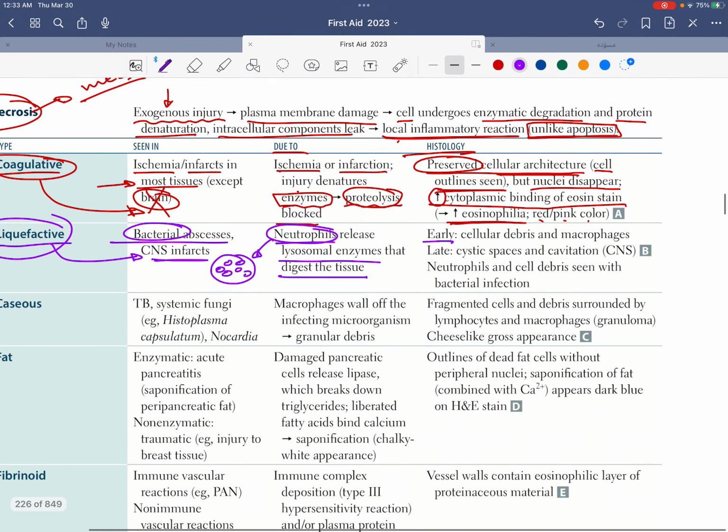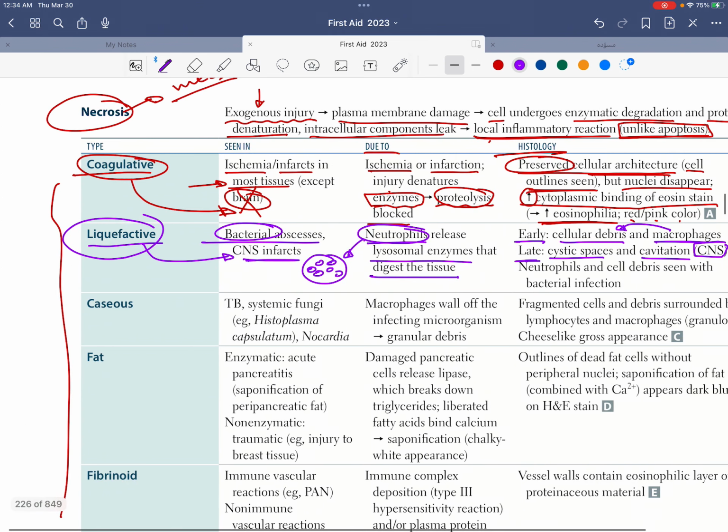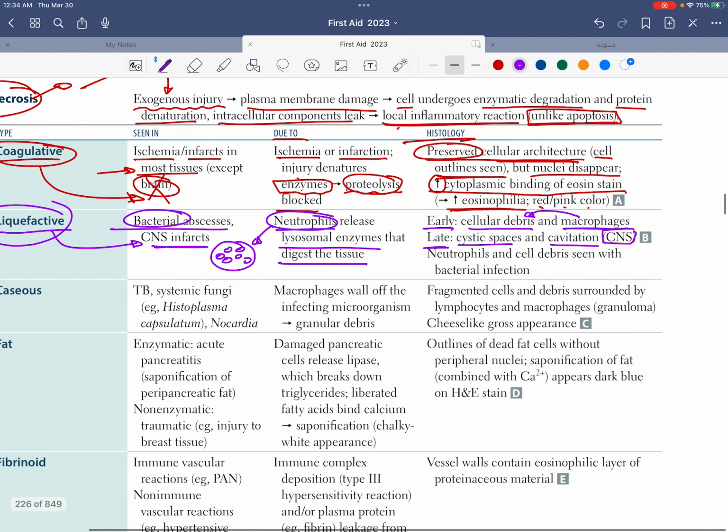The early signs of liquefactive necrosis are just cellular debris and macrophages, because we know macrophages usually come to eat the cellular debris. In the late manifestations, we can see cystic spaces and cavitation. That's in the central nervous system. Because it's liquefactive necrosis, there are cystic spaces, actually not actual cysts, but spaces that are not filled with the regular tissue.